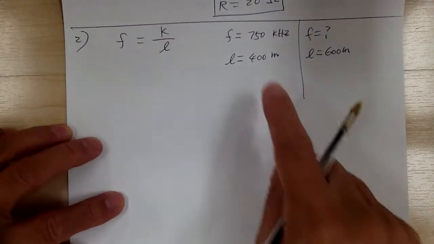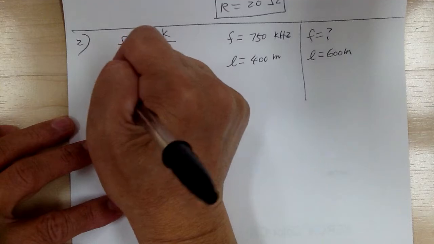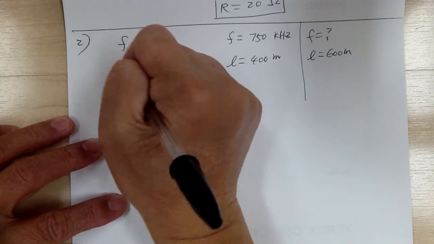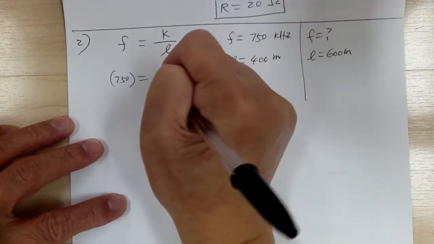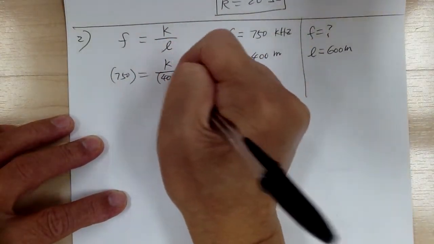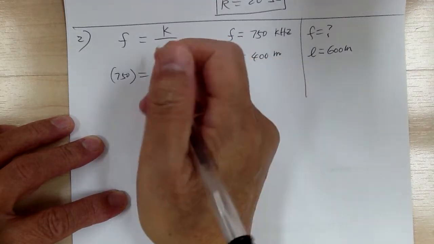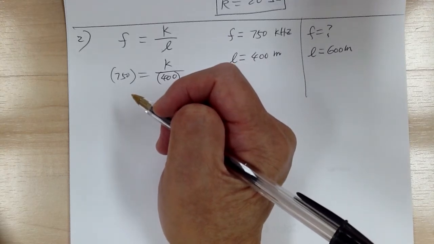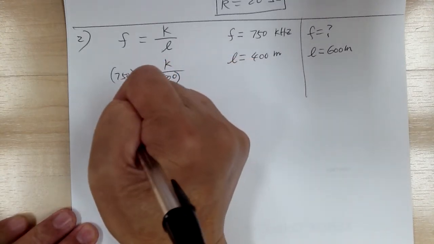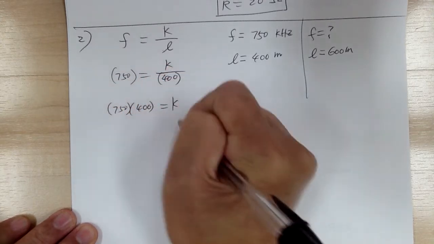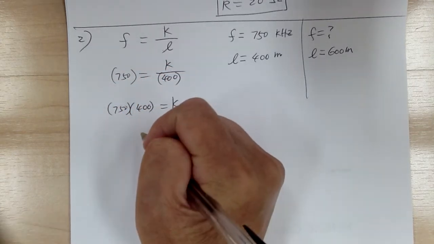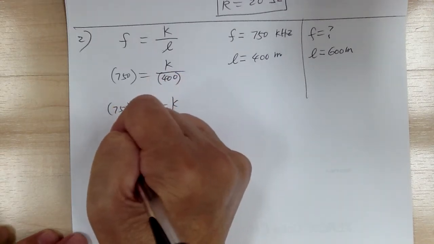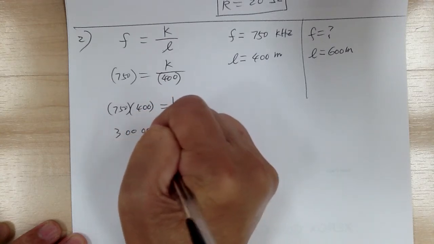So again, just like before, substitute to look for K. So 750, and we can just drop the label for now, just focus on the number, equals K over 400. So K will equal 750 times 400, so K will equal 300,000.